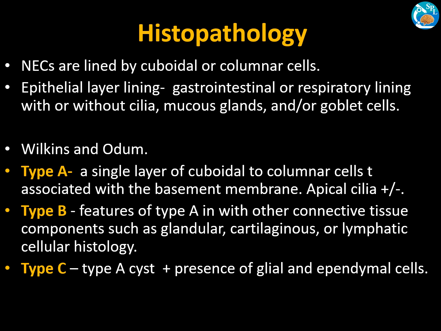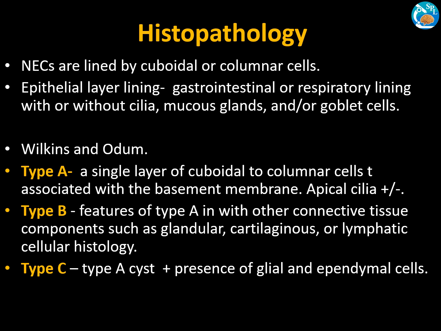So the type A neurenteric cyst exhibits the simplest organization with a single layer of cuboidal to columnar cells that are associated with the basement membrane, and these cells may or may not show presence of apical cilia.